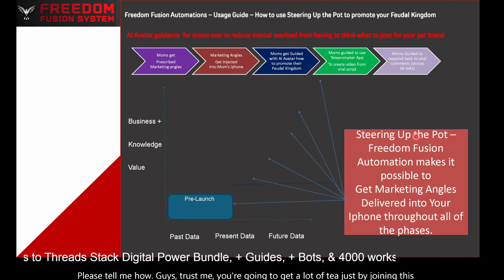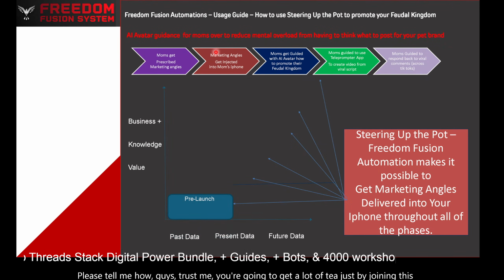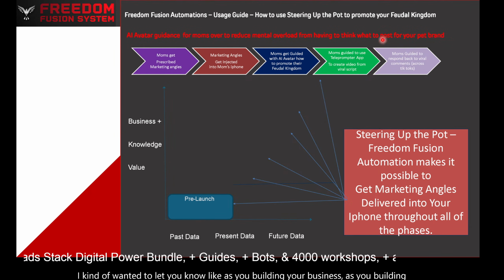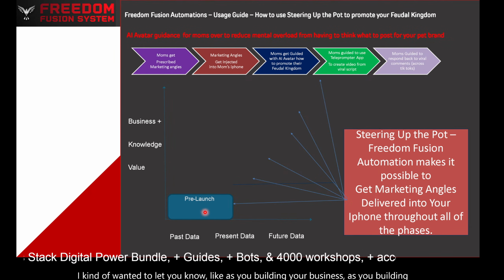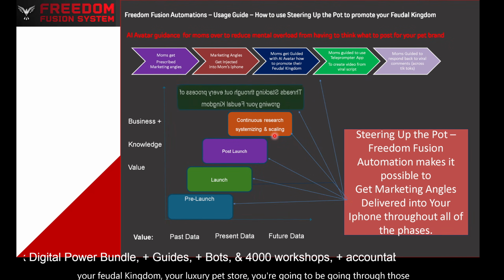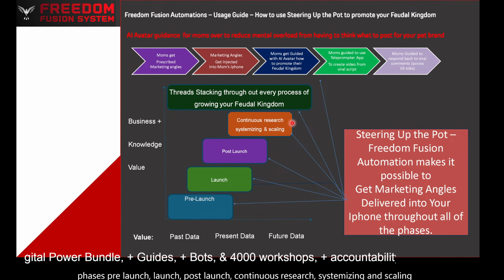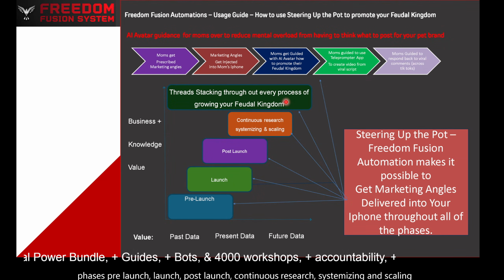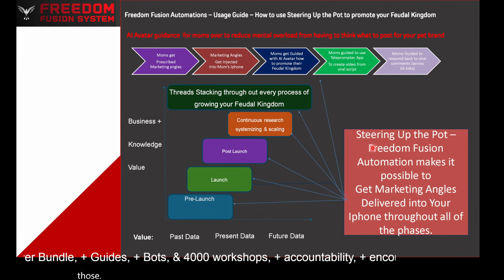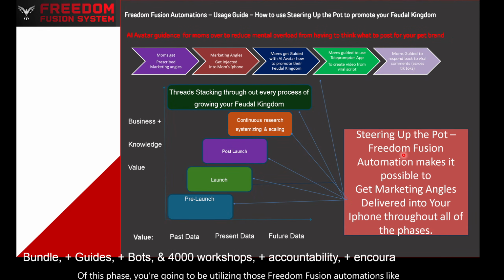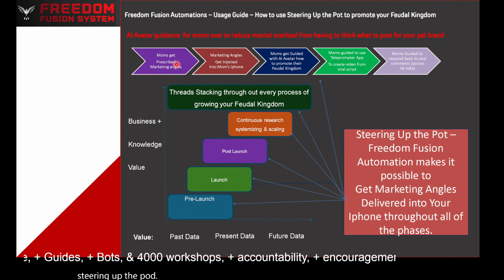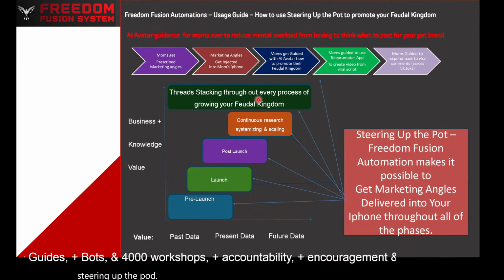But basically, here's what I wanted to let you know. As you're building your business, your feudal kingdom, your luxury pet store, you're gonna be going through those phases: pre-launch, launch, post-launch, continuous research, systemizing, and scaling, and obviously threat stacking. Throughout every phase, you're going to be utilizing those Freedom Fusion automations, like stirring up the pot, which makes it possible to get those marketing angles delivered into your iPhone throughout all of those phases.